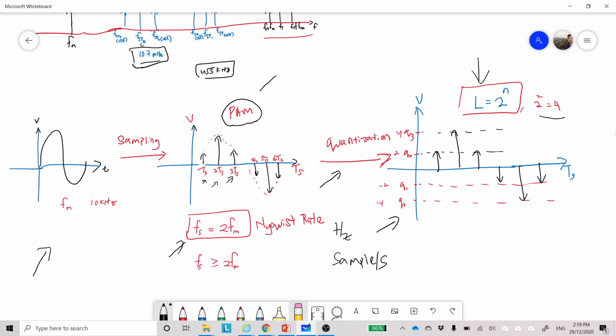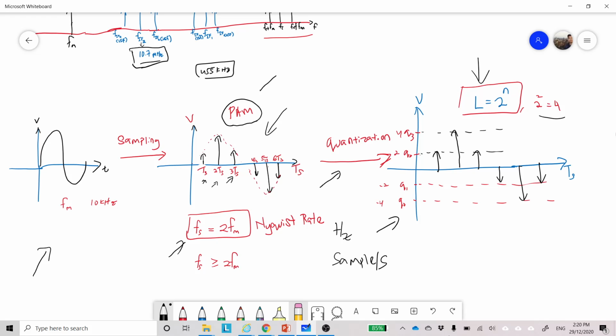So from Q0, Q1, Q2, Q3. Okay, so saya akan bundarkan nilai quantization PAM signal tadi kepada quantization level yang terdekat. Okay, so proses quantization ini sebenarnya akan mengakibatkan error.